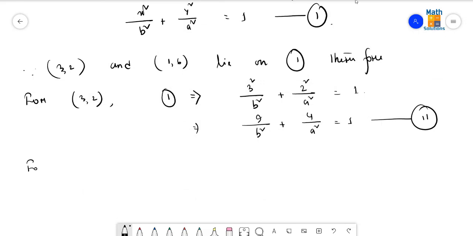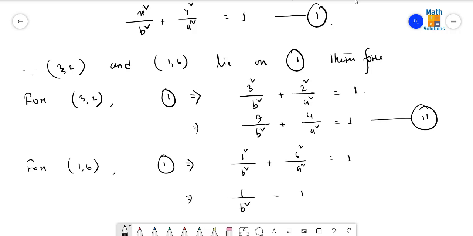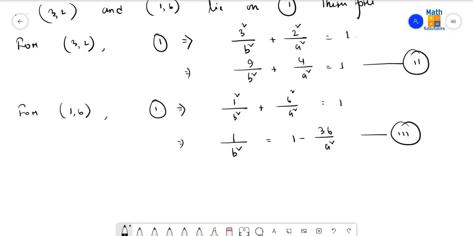Then after, for 1, 6, we get 1 square by b square plus 6 square by a square is equal to 1, and then we get 1 by b square is equal to 1 minus 36 by a square. We shall proceed with substitution method because anyhow we have to find out value of a square and b square.